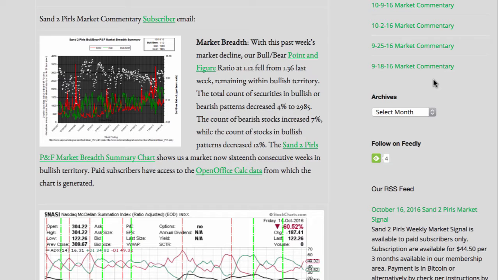The count of bearish stocks increased 7%, while the count of stocks in bullish patterns decreased 12%. The Pirls P&F Market Breadth Summary Chart shows us a market now 16 consecutive weeks in bullish territory.